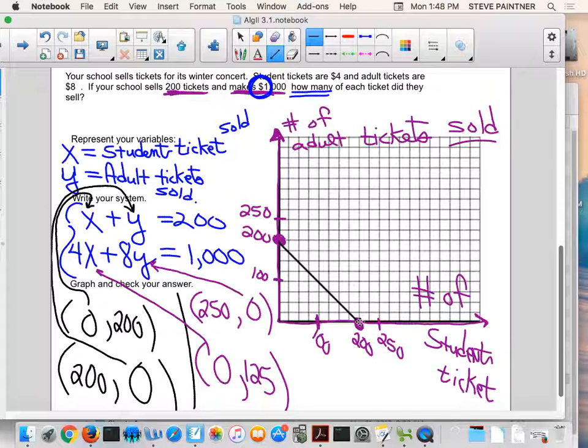Where's the other one? 125. 250 zeros here. And 125 is here. There we go. I did the best I could. You guys do the best you can. And now our job becomes picking up the intersection.